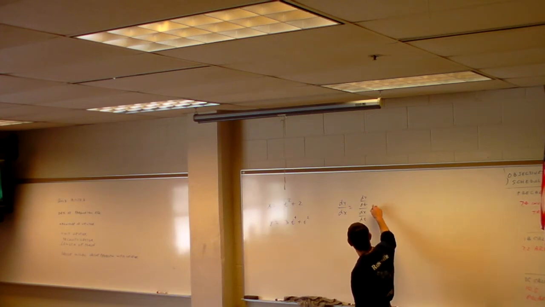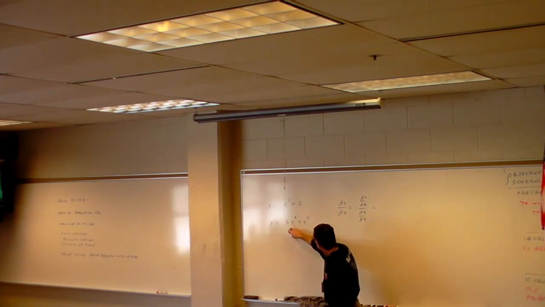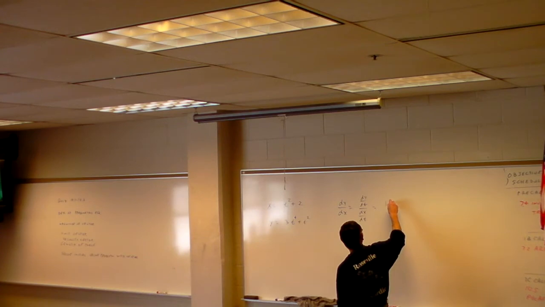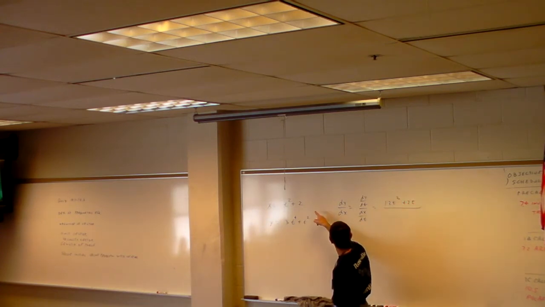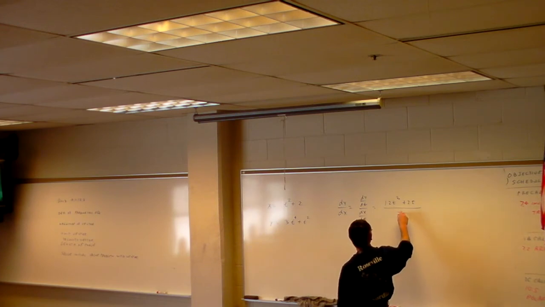So dy/dt would be very simply 12t cubed plus 2t, and the derivative of x with respect to t would be 2t.